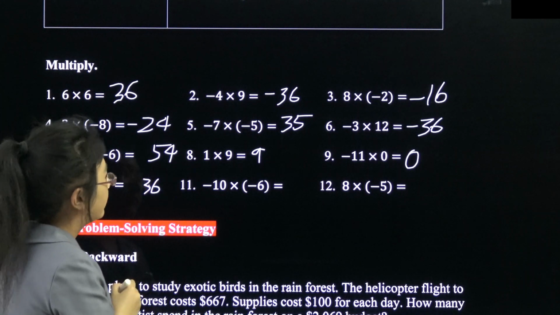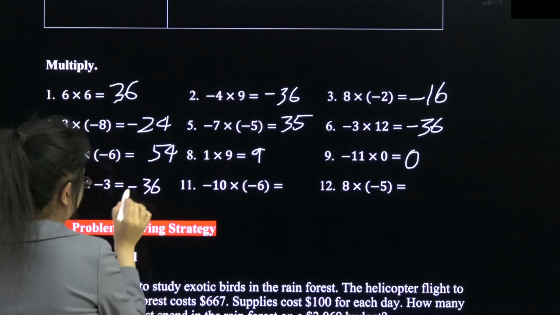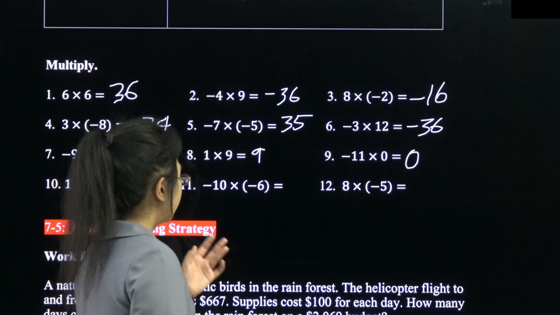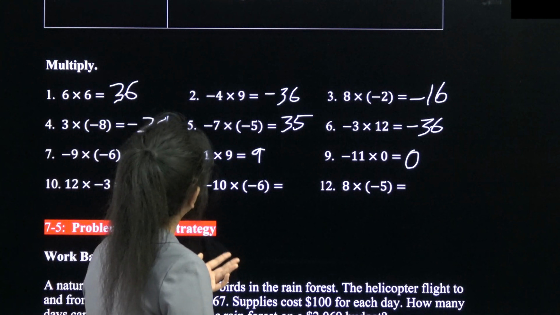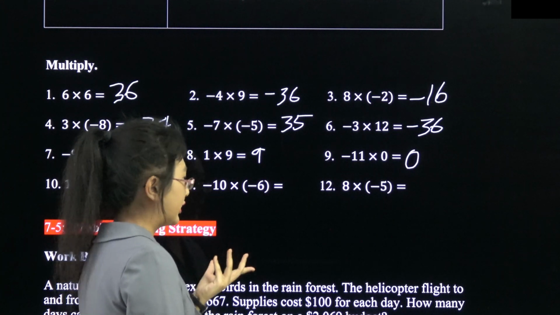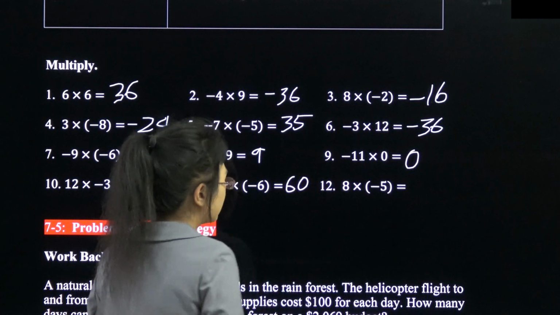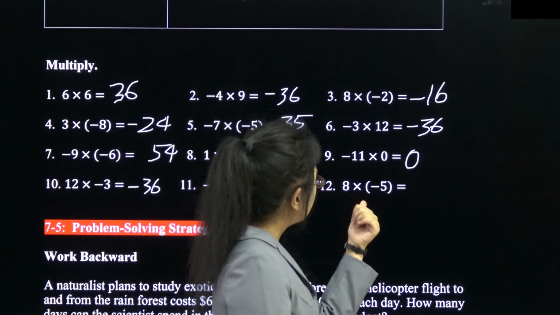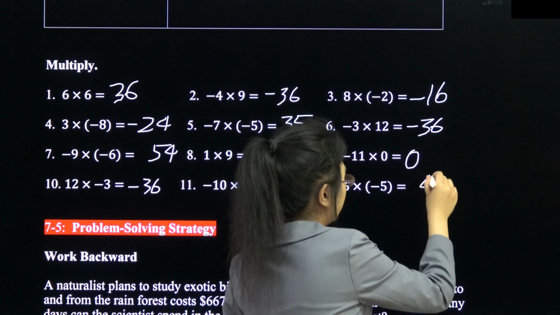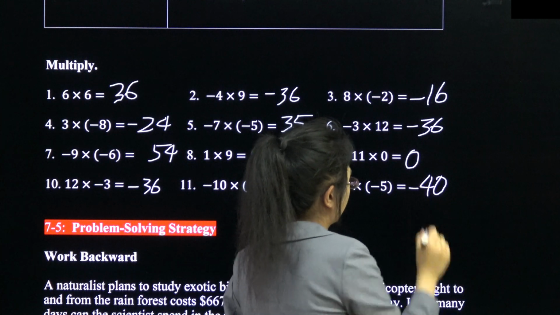But this time, it's still going to be negative because negative 3. Negative 10 times negative 6. They're both negative, so it's going to end up as positive. Now 6 times 10 is equal to 60. 8 times negative 5. 8 times 5 equals 40. There's one positive and one negative, so it's going to be negative.